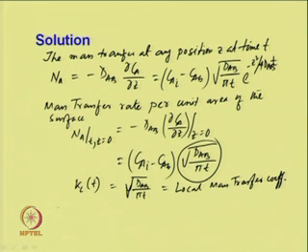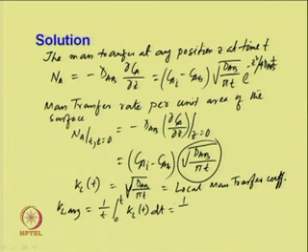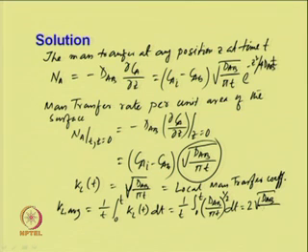So, then k_L average we can obtain 1 by t integral 0 to t k_L,t dt is equal to 1 by t integral 0 to t (D_AB by pi t) to the power half into dt, which is equal to 2 into root over D_AB by pi t.